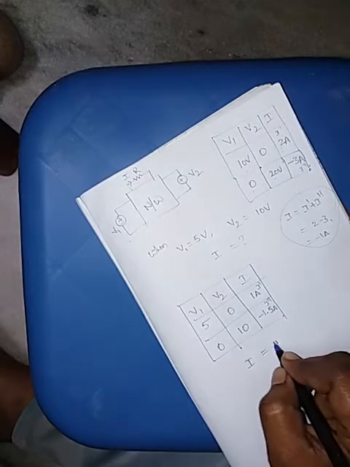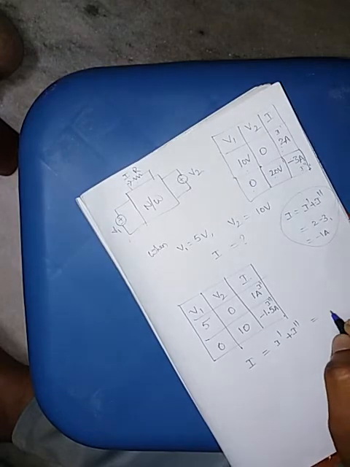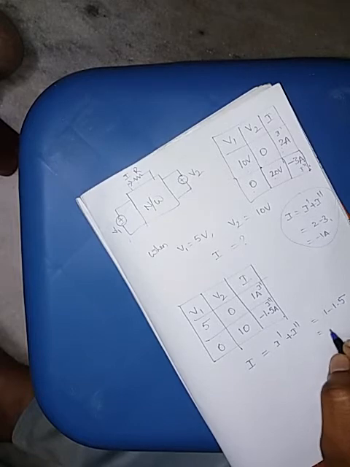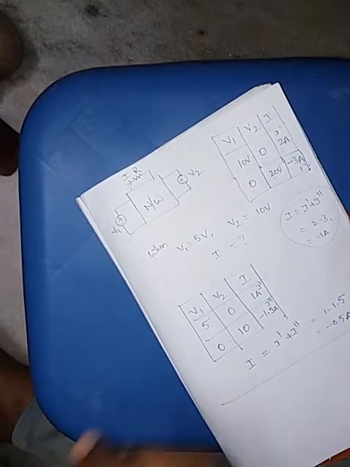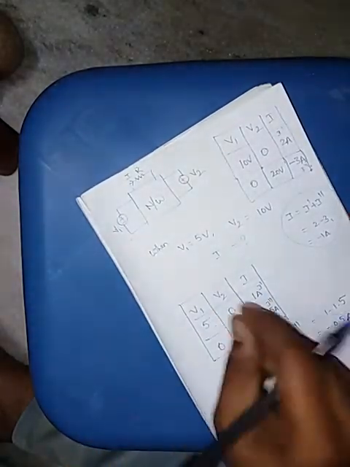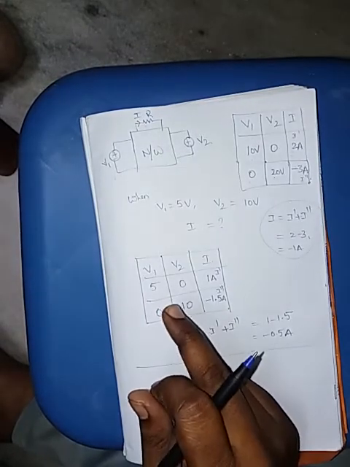Therefore I is equal to I dash plus I double dash. Therefore this value is 1 minus 1.5. This is minus 0.5 amperes. This is the problem on the homogeneous principle. Just to see once again how the problem on the homogeneous principle works.